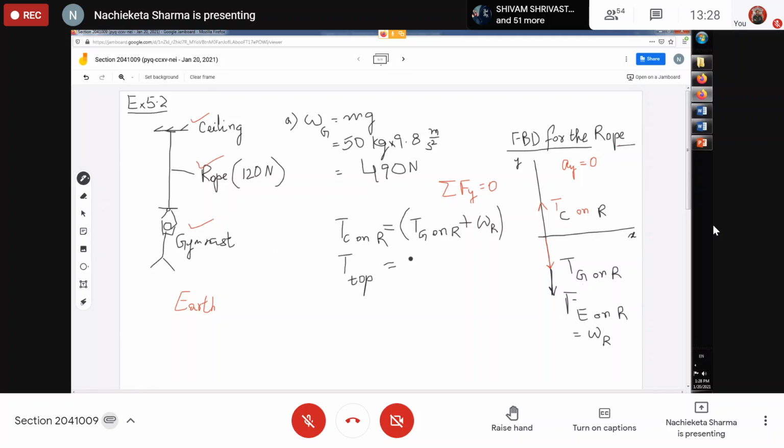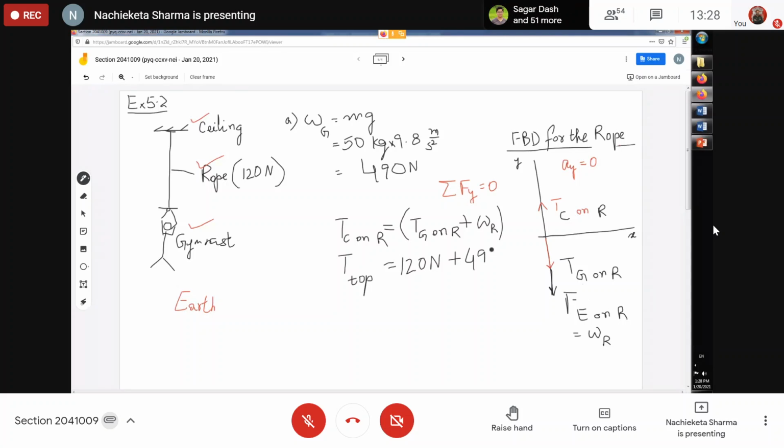The rope has a weight of 120 Newton, plus the T_G on R that I have already found out. The force of the gymnast on the rope is 490 Newton, that we have found out.